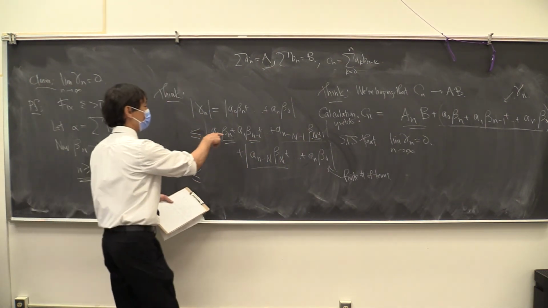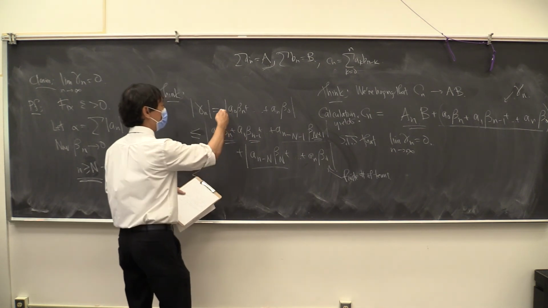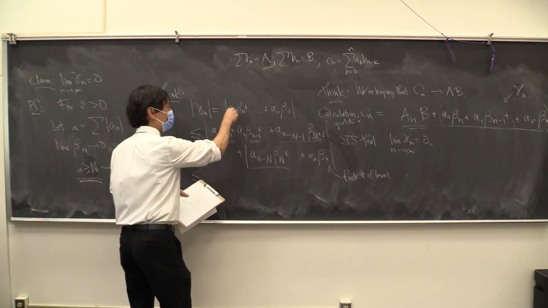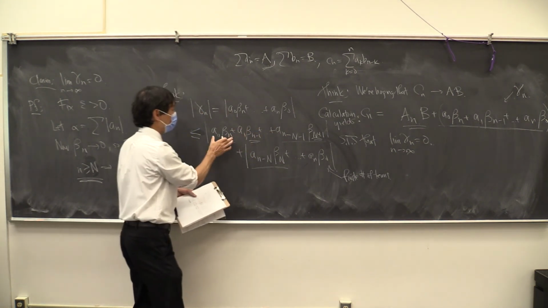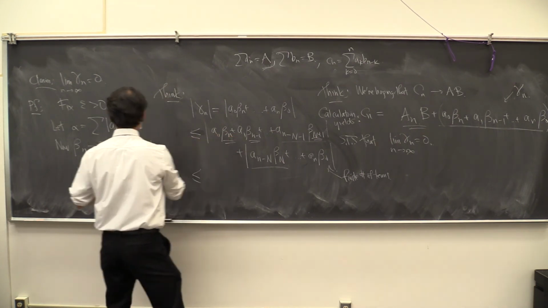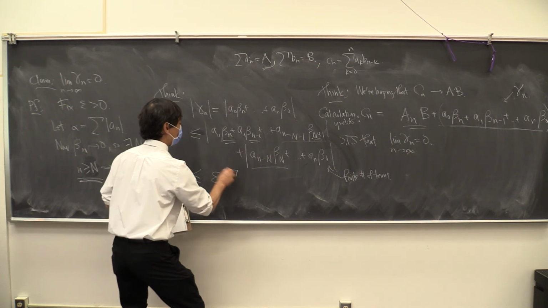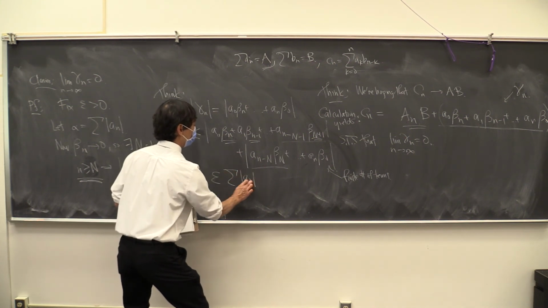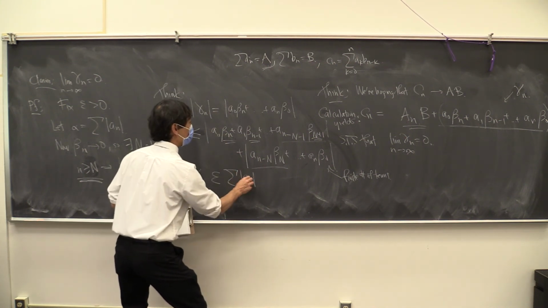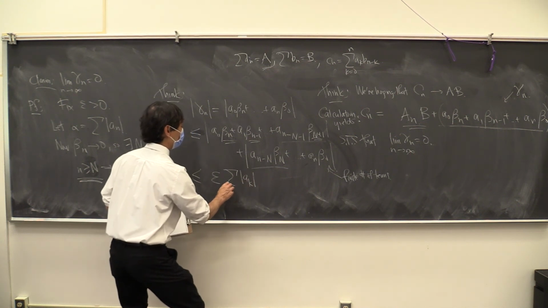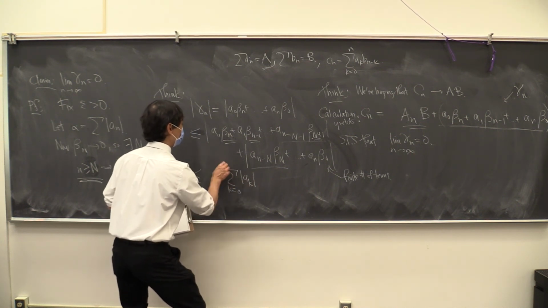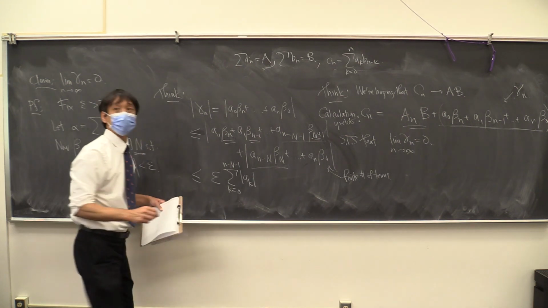So we take the absolute values of each of these things, and these are all smaller than epsilon. So we get epsilon times the sum of the absolute values of the a sub k from k equals 0 to n minus 1.